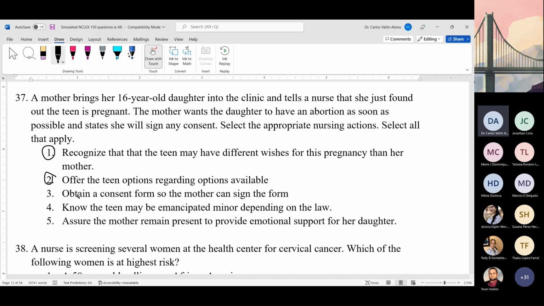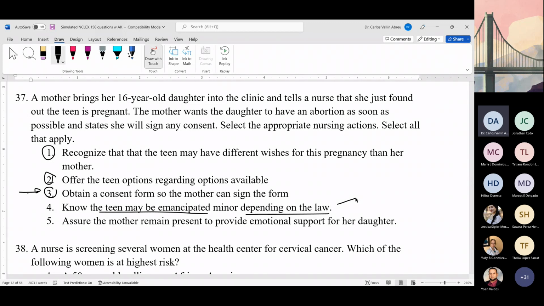This is an if, but it has not been mentioned here yet. So if there is going to be an abortion, depending on the law, the teen may be emancipated. Can a court emancipate a teen? Yes, the court can emancipate a teen.